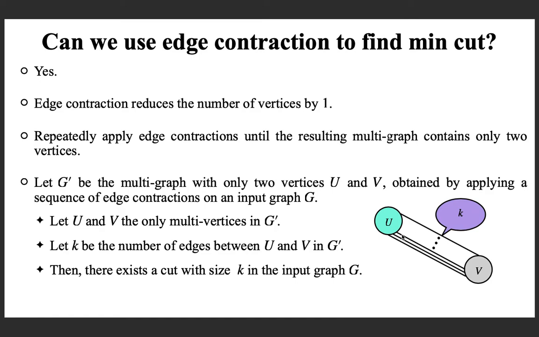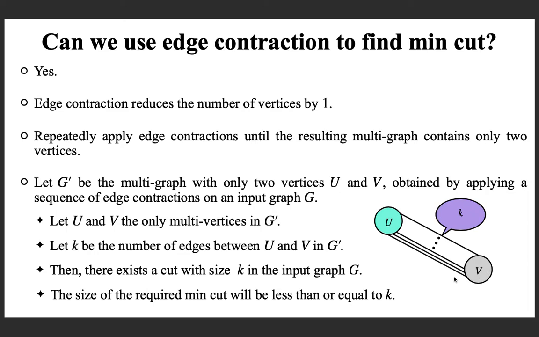Then you can see that there exists a cut of size k in the input graph, that we can prove. If you cut all these edges, then you are actually partitioning the vertex set into a set of vertices in the multi-vertex u and a set of vertices in the multi-vertex v. We can run this concept on the example graph, which will make the process clear.